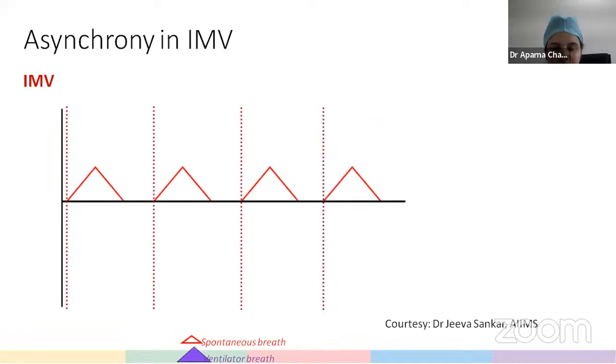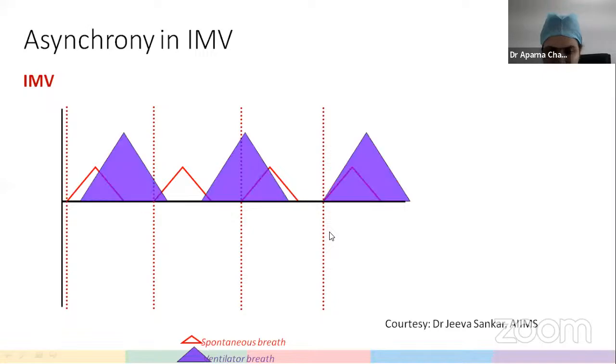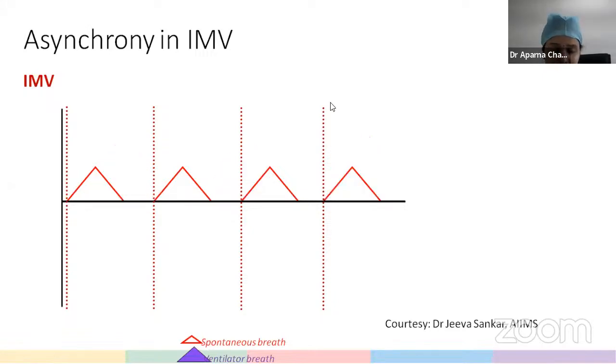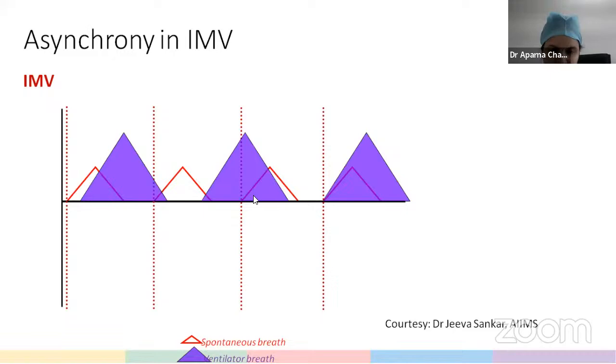Typically in IMV mode of ventilation, this is how the ventilator breaths are going to look. All these red dotted lines indicate the beginning of the ventilator breaths. And the patient's breaths are going to look like this, and the red lines indicate the beginning of patient's inspiration, whereas ventilator breaths are randomly superimposed on the patient's breaths.